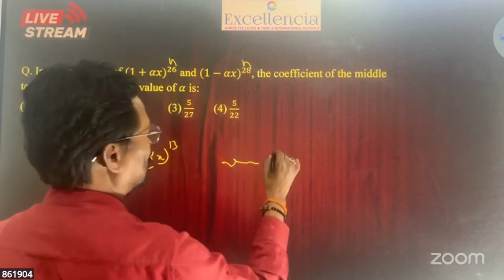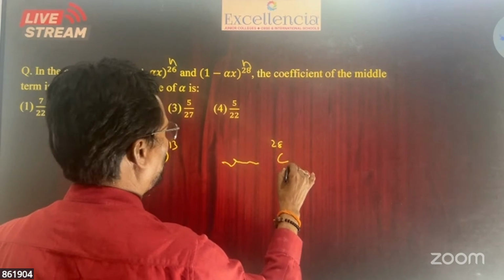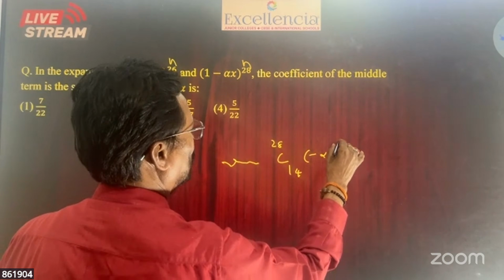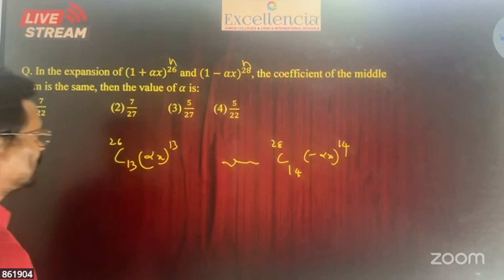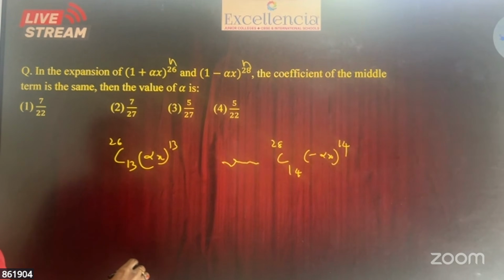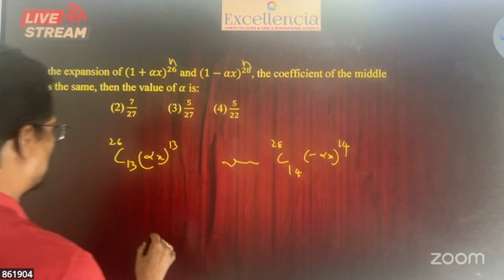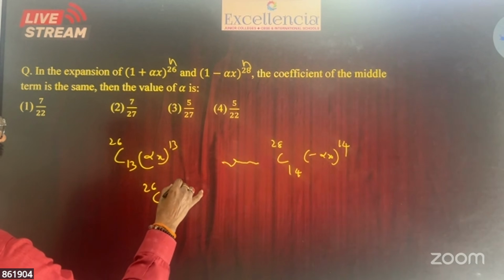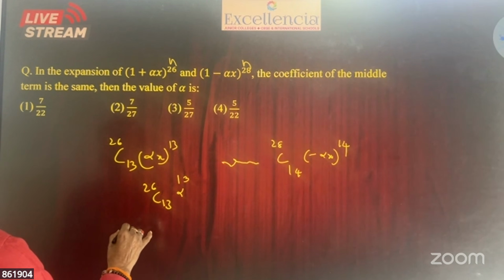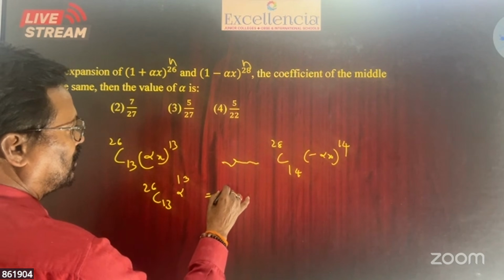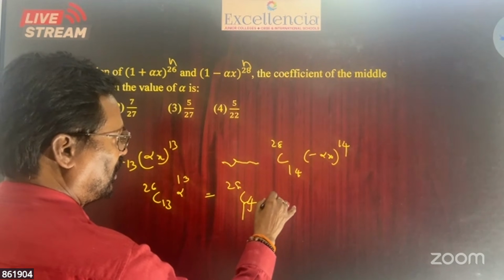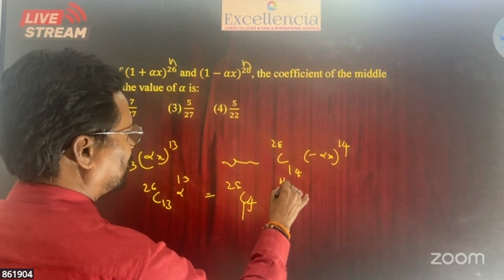Now in this also the middle term is 28C 14 minus alpha x to the power of 14. So they are telling the ratio of the coefficients. So this we can write as 26C 13 alpha power 13, they are telling it is equal to 28C 14 and here alpha power 14.